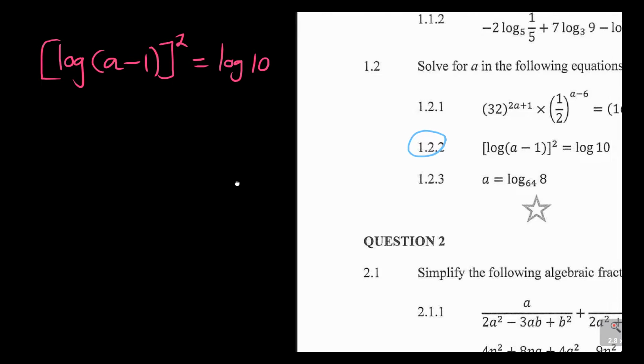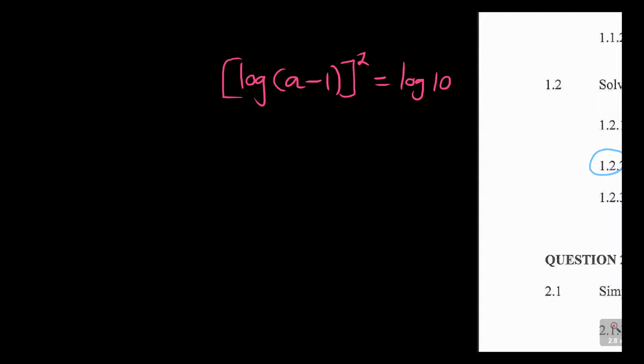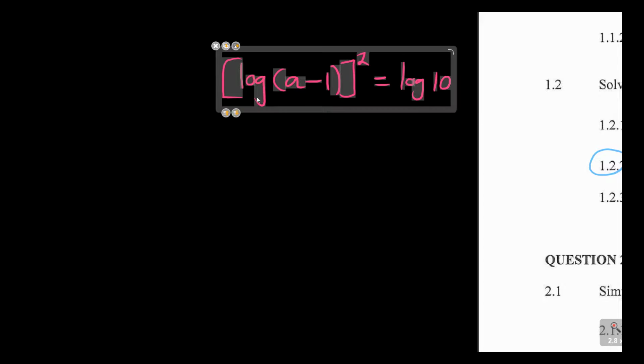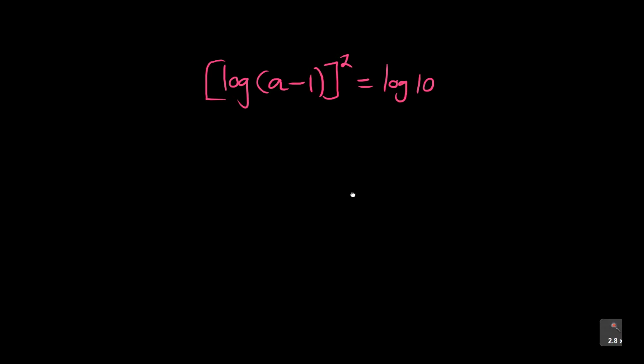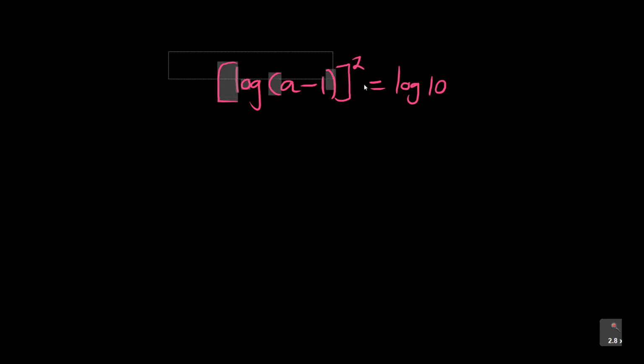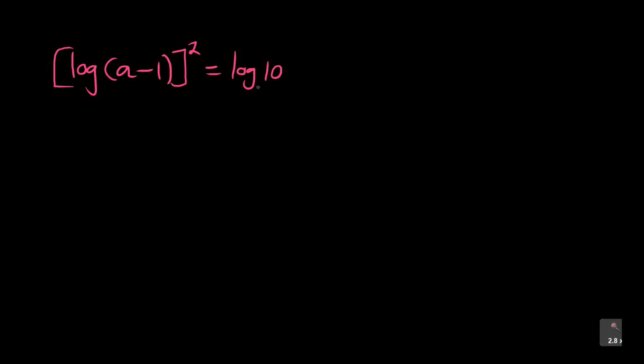Are you seeing this? So now when I've got this, let me just bring this all together. Alright, so I've got this, and I'm saying what? I need to solve this.